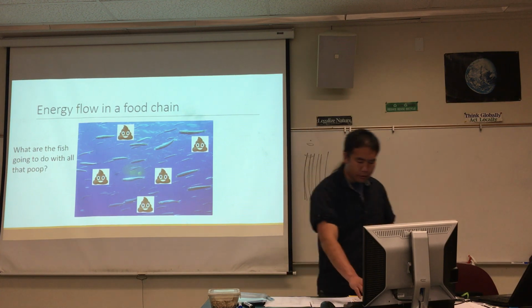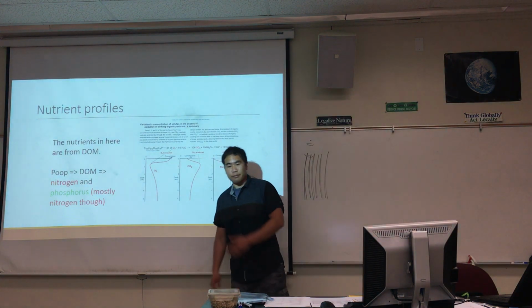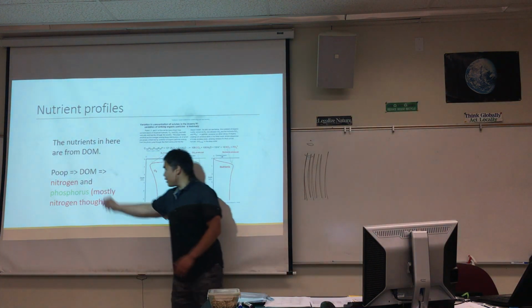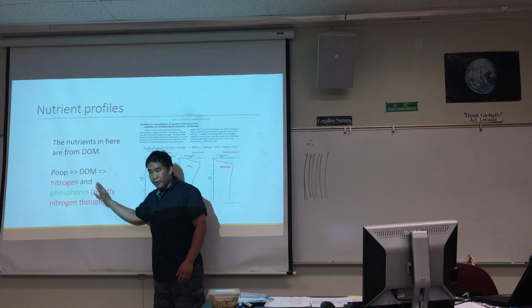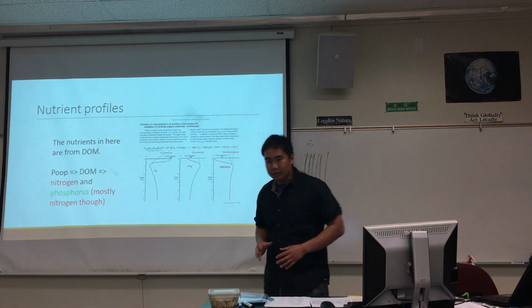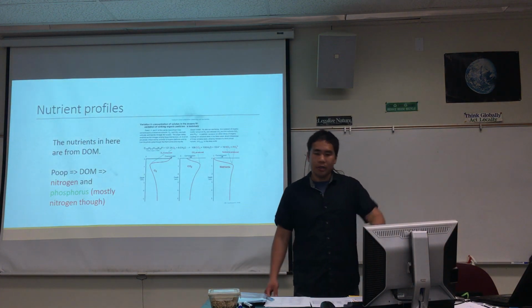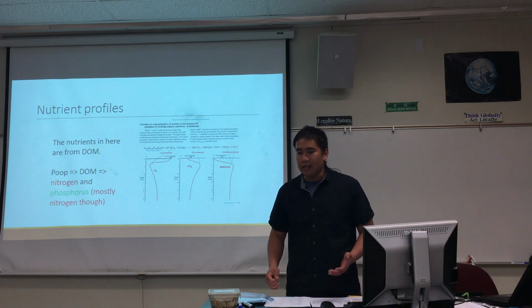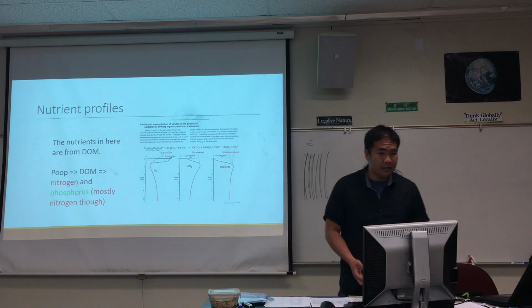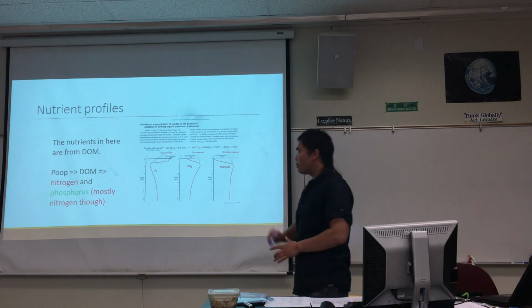We had to examine what DOM is first, so let's take a look at this. Going back to our discussion of profiles, DOM is actually a bunch of nitrogen. Yes, you were right, nitrogen and phosphorus, all that waste. And what I mean by a bunch of nitrogen is it's in the form of molecules such as nitrate and ammonia and stuff like that. So let's consider the fact that we have a bunch of small molecules.